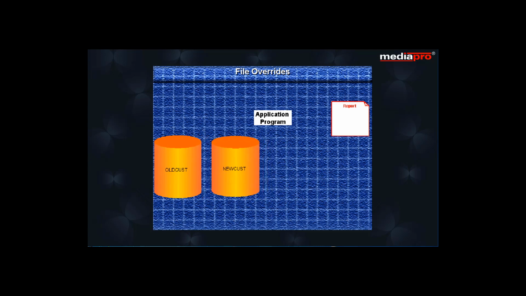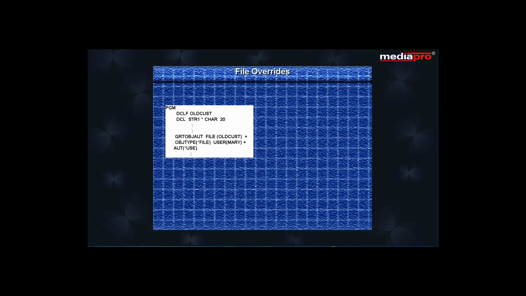We would like to run our application program with the newcast database. Normally, we would have to edit the application program so that all references to oldcast are replaced with newcast and then compile the application all over again.